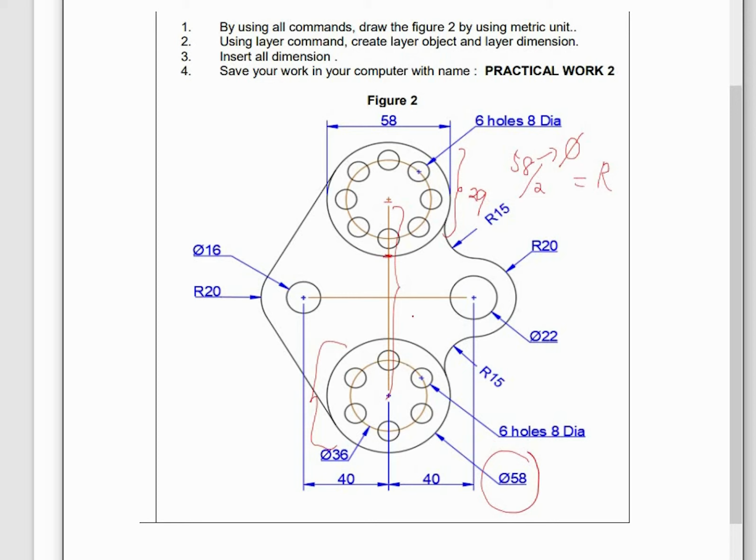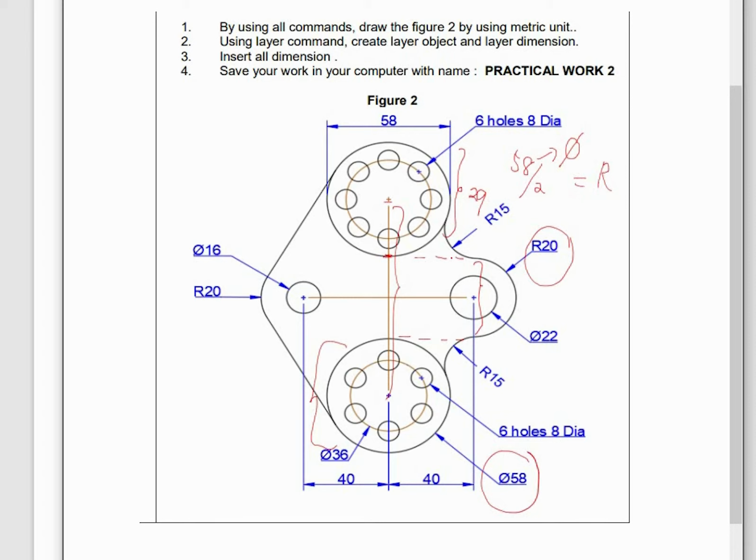What about the line in the middle? The distance here, we may refer to this circle, meaning to say that we will take this measurement for the radius.